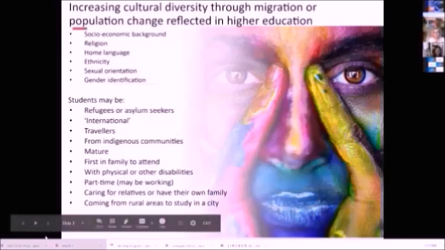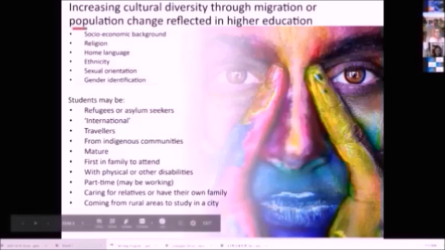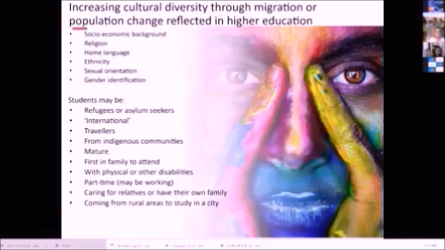So we have people from different socioeconomic backgrounds, different religious backgrounds, languages, ethnicity, and we also have to bear in mind changes in the population, changes in the way that we think about diversity, including sexual orientation, gender identification. The Black Lives Matter protests from last year have all caused a rethink about the way we work with students in our universities. So we may be seeing students who are, as you can see, there is a list of some of the diversity in the university context.